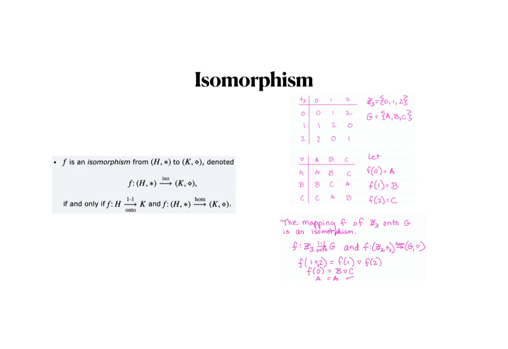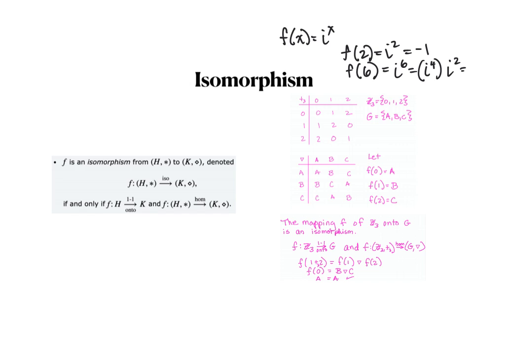Now, our previous example was not one-to-one. I had the set of integers and the set G, which contained 1, -1, i, and -i. This was not one-to-one because if f of x is equal to i to the x, f of 2 is equal to i squared, which is -1, but also f of 6 is equal to i to the 6, which is i to the 4th times i squared, and i to the 4th is 1, so this becomes -1.